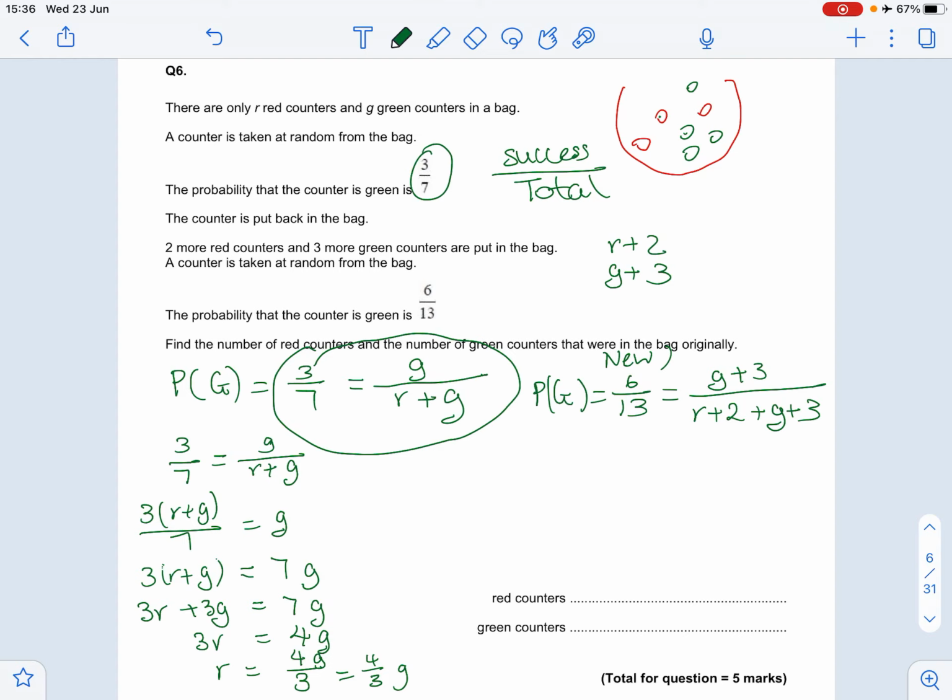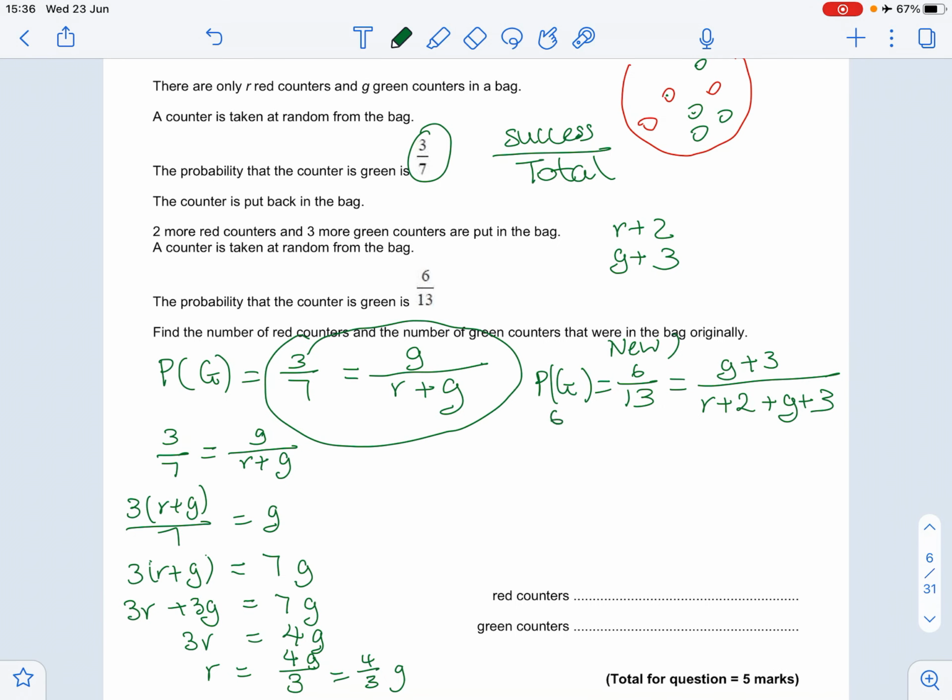Now what we could do, we could substitute into this equation. So let's just simplify this slightly. So I have 6 over 13 is equal to G plus 3, over R plus G, and 2 plus 3 is 5. We figured out that R is the same as 4 over 3G, so we can substitute.